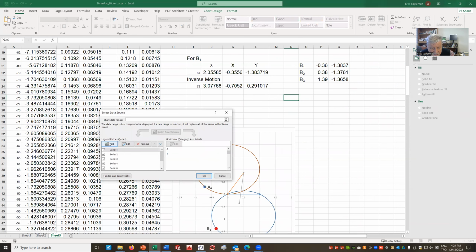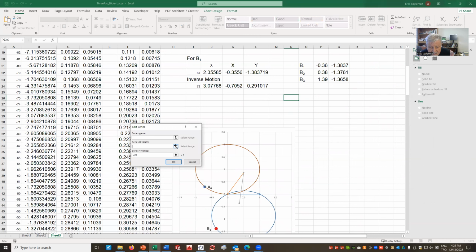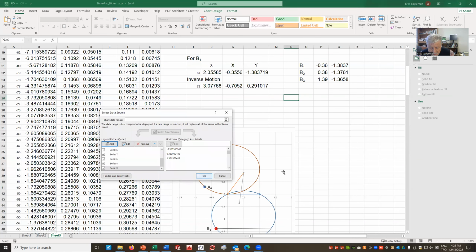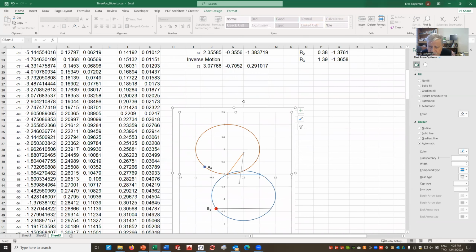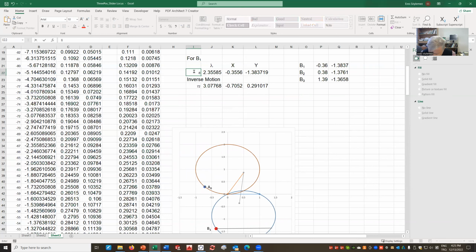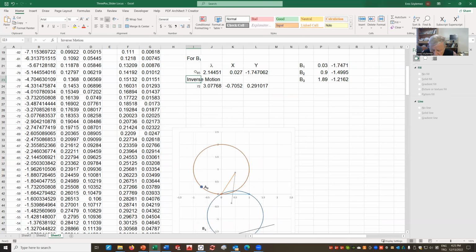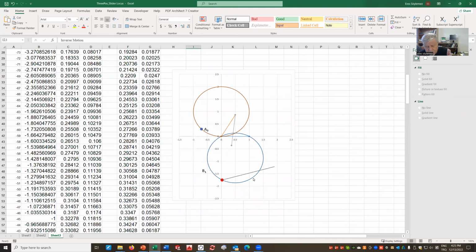Let us select data, add x values, y values, okay? Now, I think I should change 67 to 80. It will be like this. No, 80 will not be that good. 67, 65. Okay, that's better. I want to show you something.